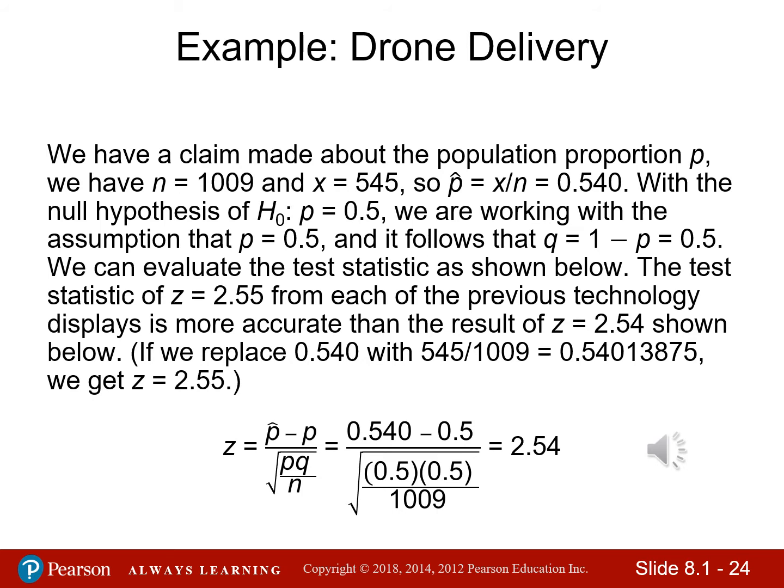This gives us 2.54. The test statistic of z equals 2.55 from each of the previous technology displays is a little more accurate than the results we obtain in this formula.